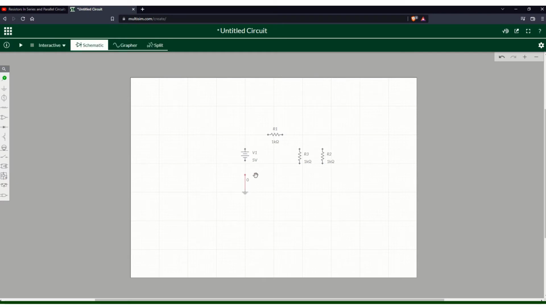All right. Now that we have those in place, we can start to put everything together. I'm going to connect the voltage source to this resistor.